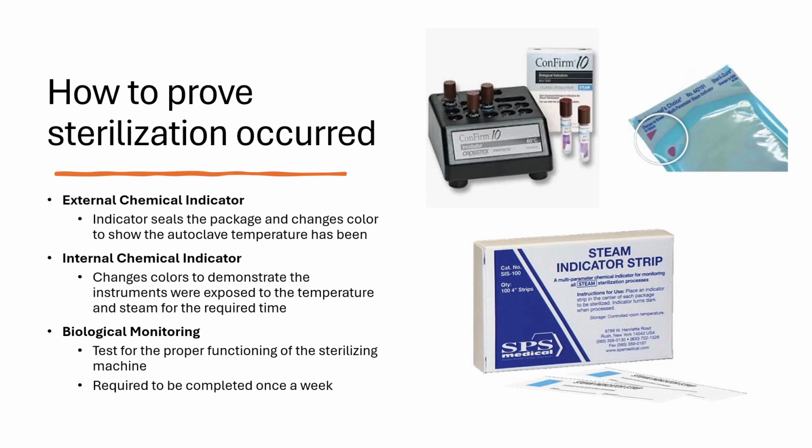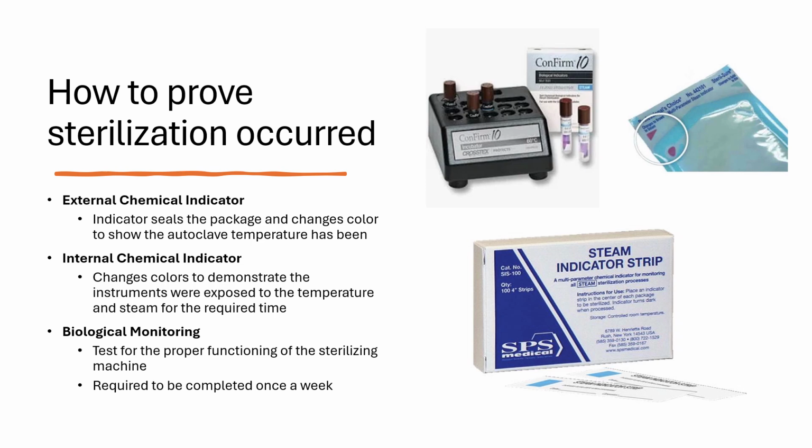Now these indicators, if they reach the desired temperature within the autoclave, those two will turn dark brown, may even look black. If it turns dark brown or black, then absolutely use them.